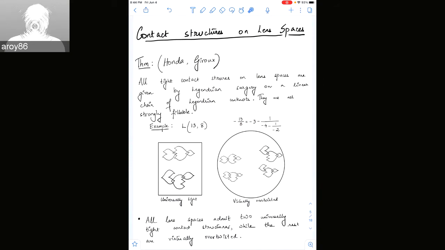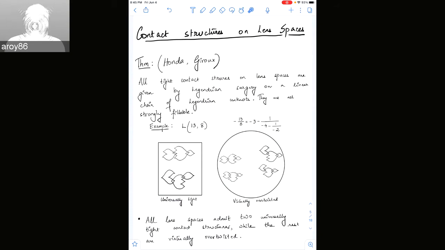You get both universally tight and virtually overtwisted lens spaces. The universally tight lens spaces are ones that, once pulled back to the universal cover S^3, remain the tight structure on S^3, whereas the virtually overtwisted ones pull back to an overtwisted structure on S^3. The universally tight ones are given by links on which the stabilizations all point in the same direction, whereas the virtually overtwisted ones come from stabilizations pointing in different directions, or from knots that are stabilized in either direction.